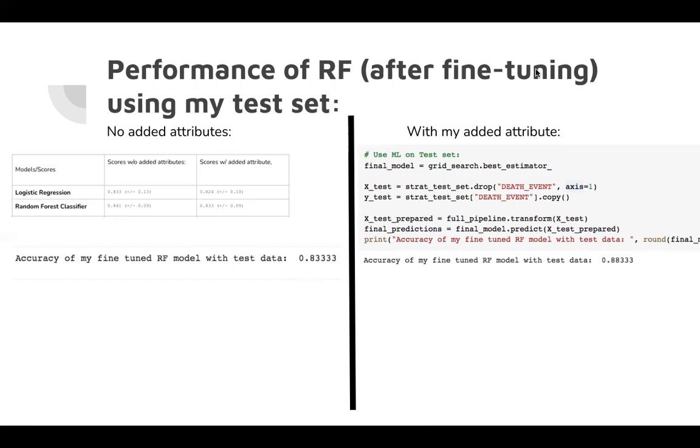And then with my combined attributes class, I got this crazy high score of 0.88, which is way larger than 0.83 before the fine tuning. So after this, I decided to totally disregard and drop any combined attributes. I concluded that this one's probably better.